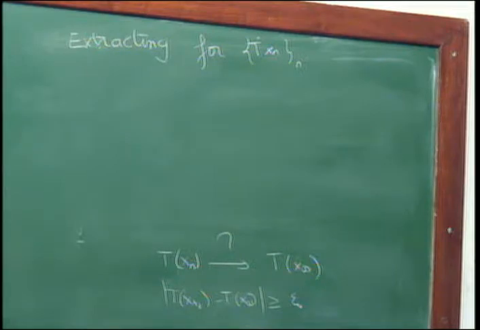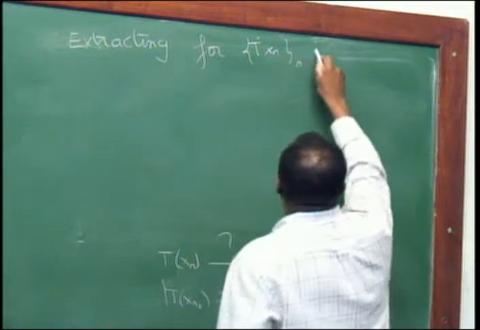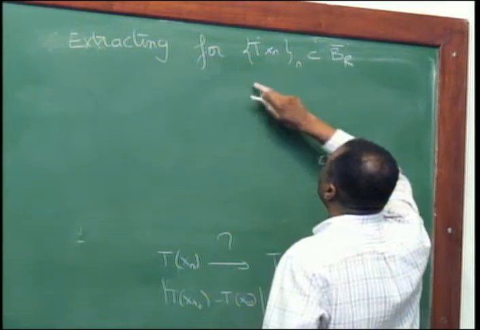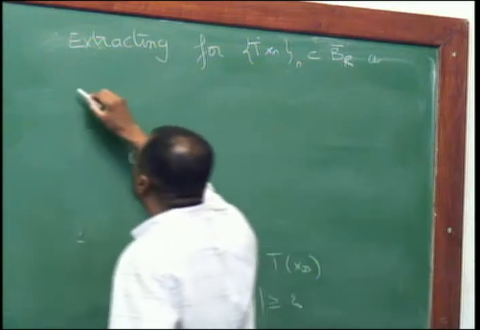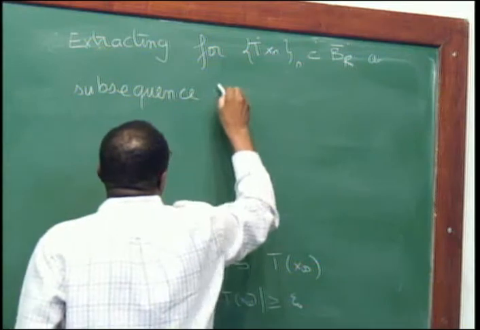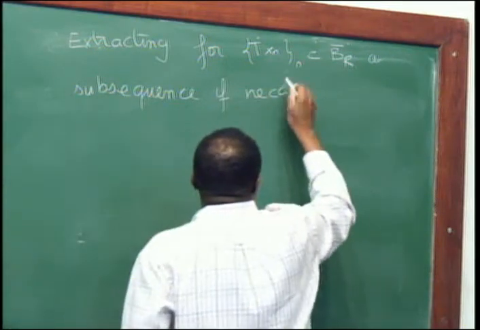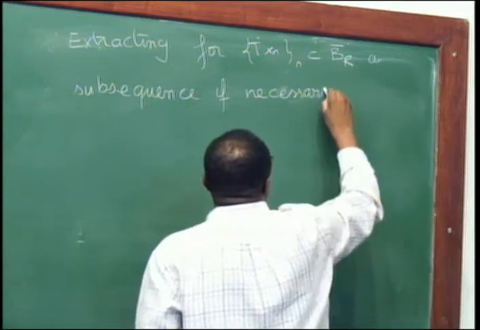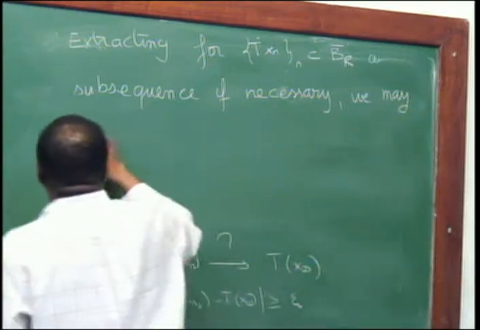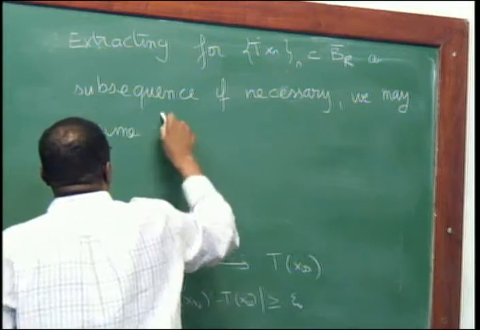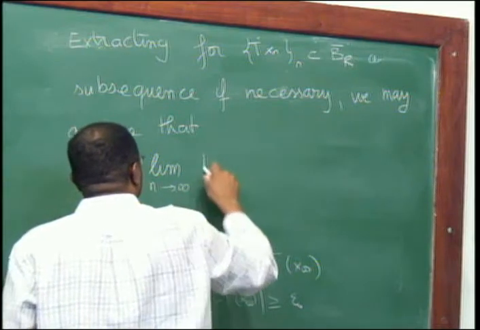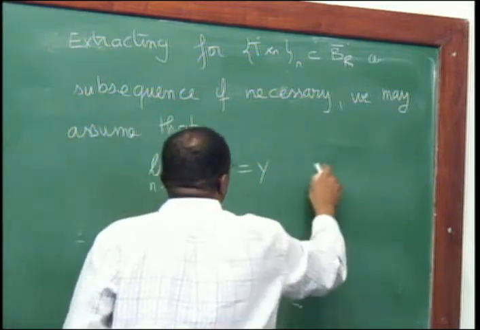T of S_n is a subset of the ball of radius r. Extracting from this a subsequence, if necessary, we may assume that the limit when n goes to infinity of T of S_n equal to y exists.